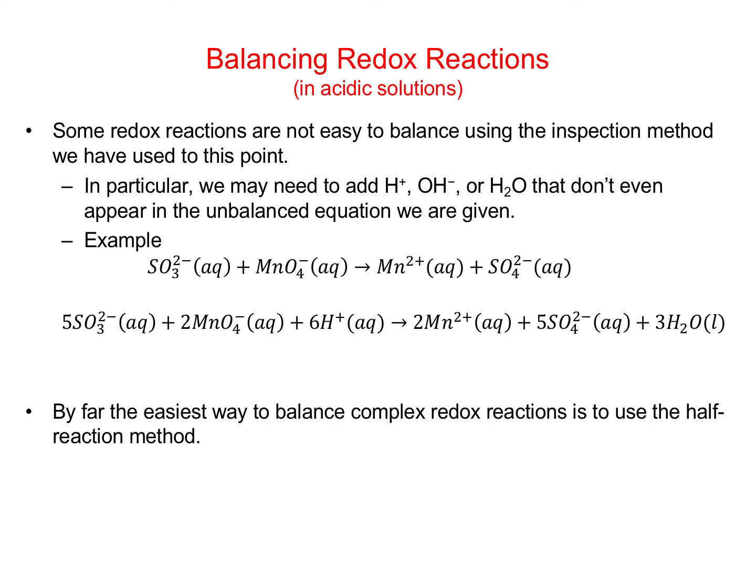As an example, here we have an unbalanced redox reaction, and you can see what the balanced reaction looks like here. We've got some big coefficients, and also we've got H+ and waters that didn't even appear in our original equation. So clearly, the methods that we've been using to balance equations up to this point aren't going to work for this particular reaction and a lot of other redox reactions.